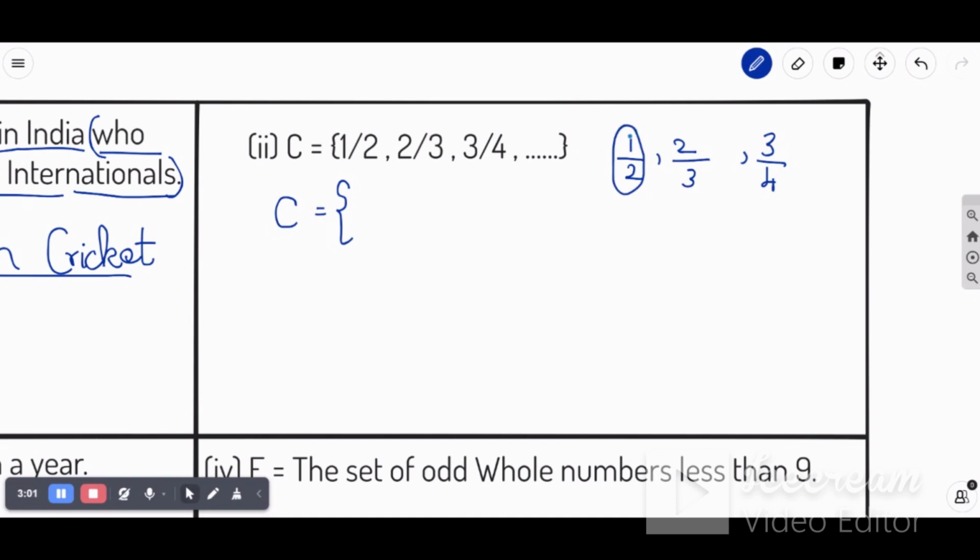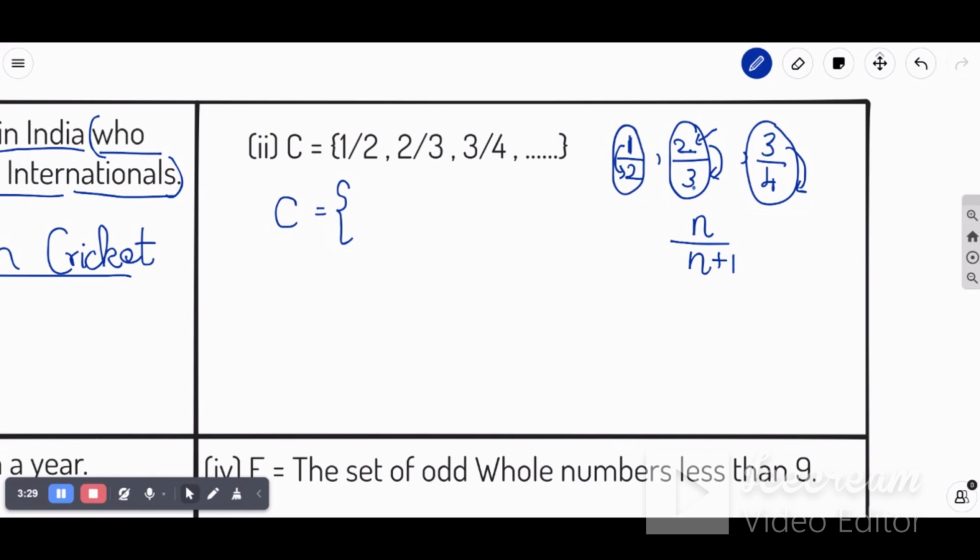If you see this 1, it is going to give the next number 2. And if you analyze this one also, it is the same: if you put 2 here, you have to put 3 here. And if you put 3 on the top as numerator, the denominator will be 1 added to that. In general, let's take it as n. If n is equal to 1, then here you have to put n plus 1. It satisfies all the conditions.